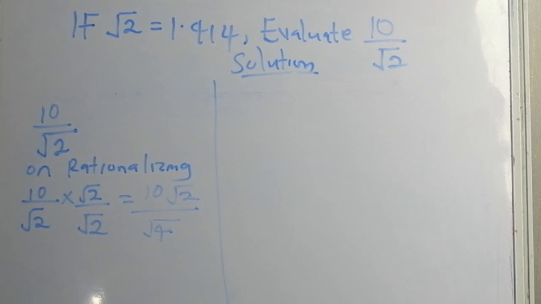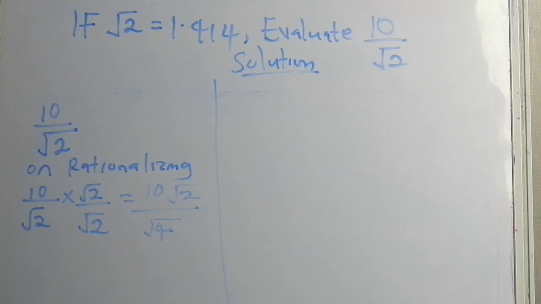So in this case, for the numerator we only have 10 outside, that is 10 root 2. For the denominator, you have root 2 times root 2, that is root 4.